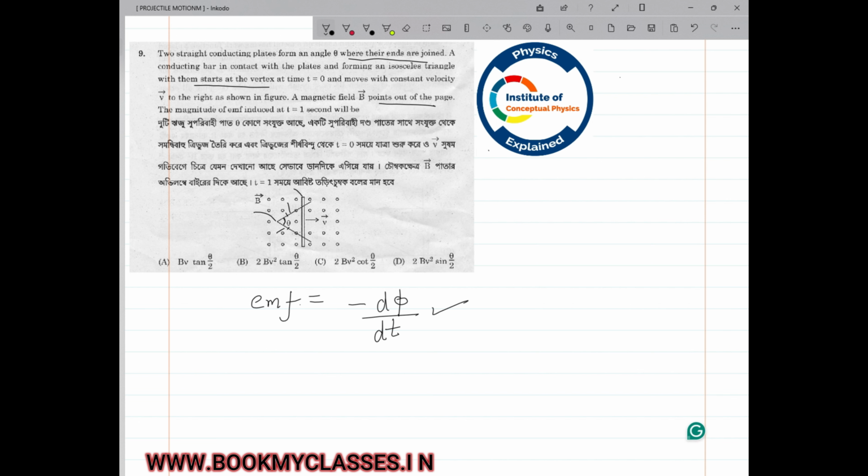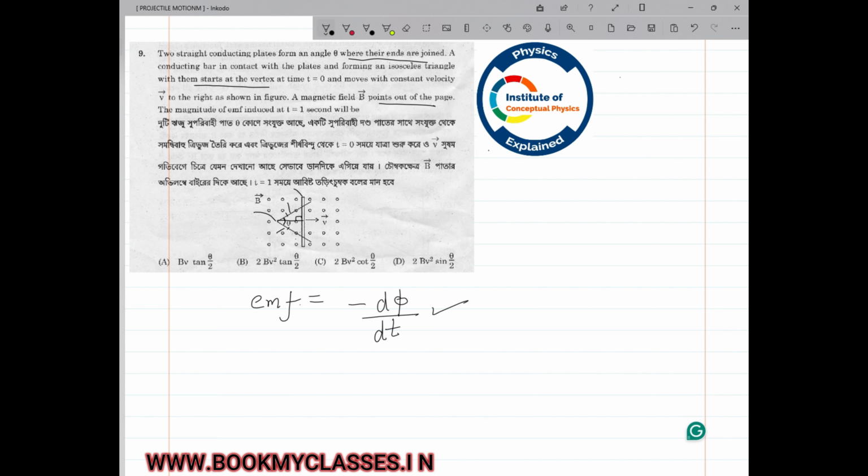You know, the area of the triangle, if you notice, if I draw a perpendicular from this place, what is the length of this particular part? So this is an isosceles triangle, the length is not known, the angle is known.